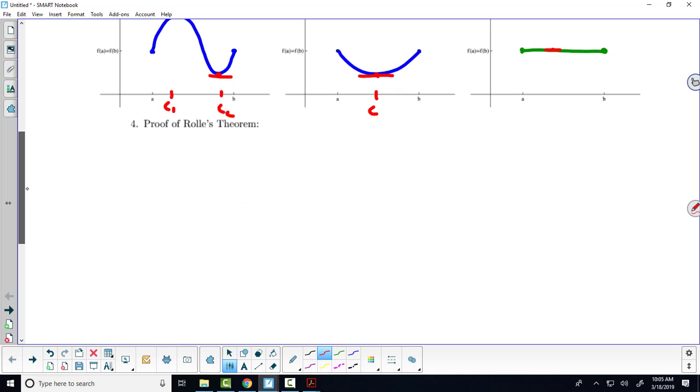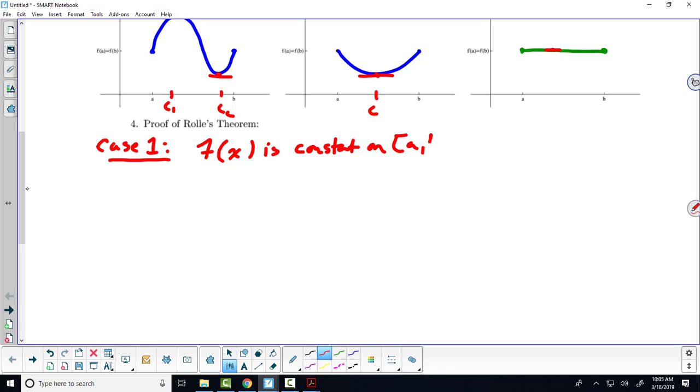All right, so let's prove Rolle's theorem. We only drew two of the cases on the board, but the proof will consider cases. Case 1: let's examine the case where f of x is constant on a, b.